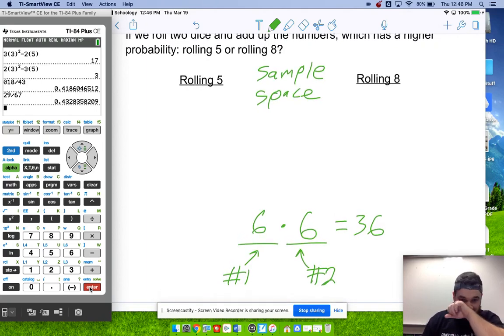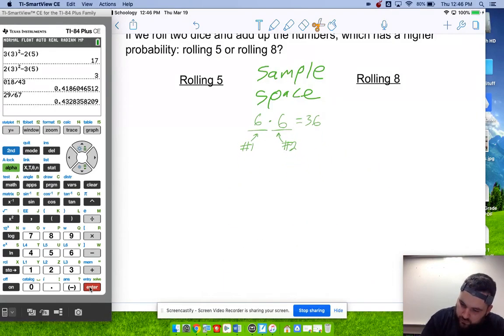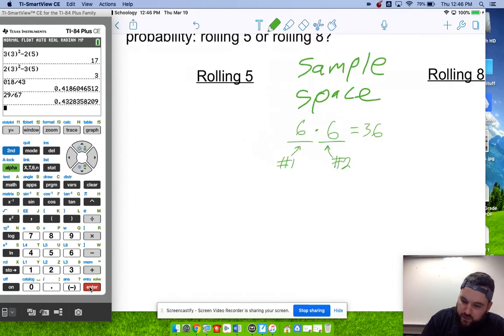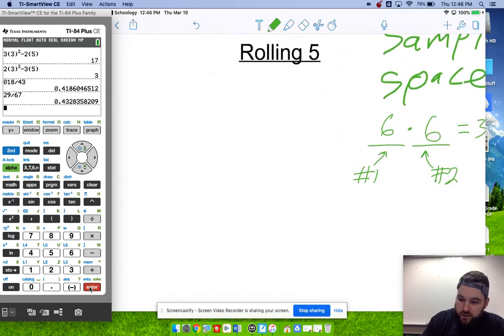Okay. And if you want, go ahead and list out all the possibilities. You'll find very quickly that there's more than 12 ways to roll 2 die. So both of these are going to be out of 36. Okay. So how many ways? Let's focus on rolling a 5. How many different ways can I roll a 5?